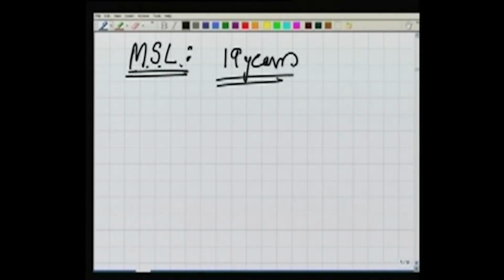It does vary, and then it has been averaged out. So that average value is the mean sea level. For every country, they have defined their own mean sea level. Similarly, for India also, we have defined our mean sea level. So that becomes the reference, the mean sea level.